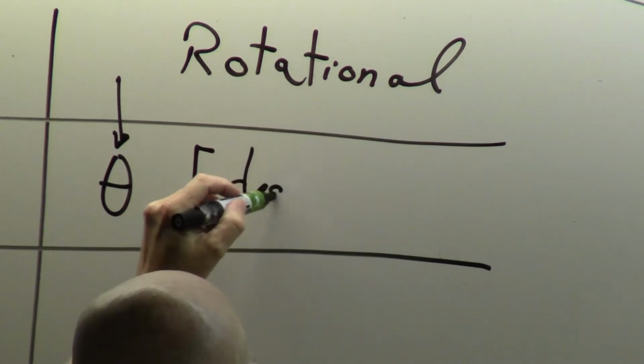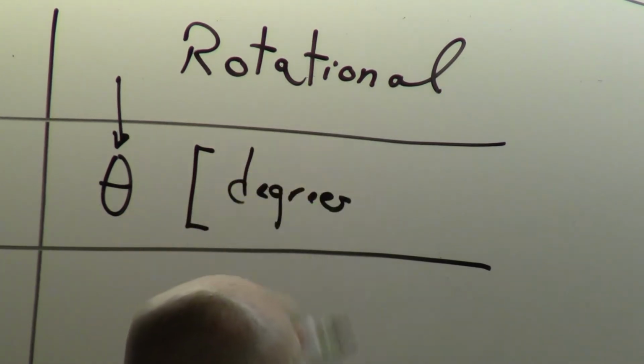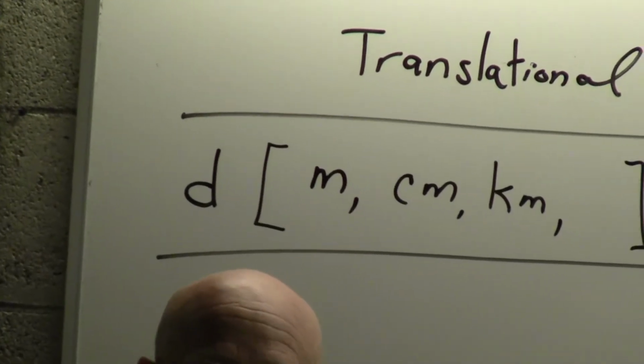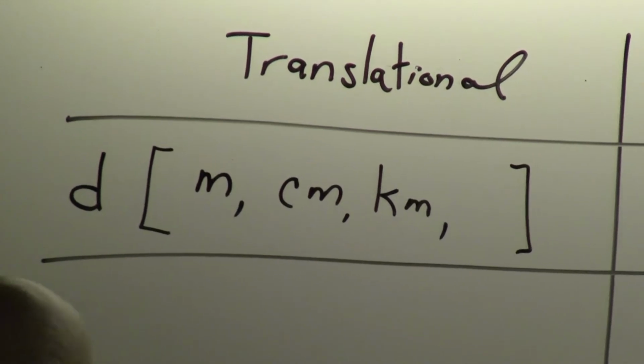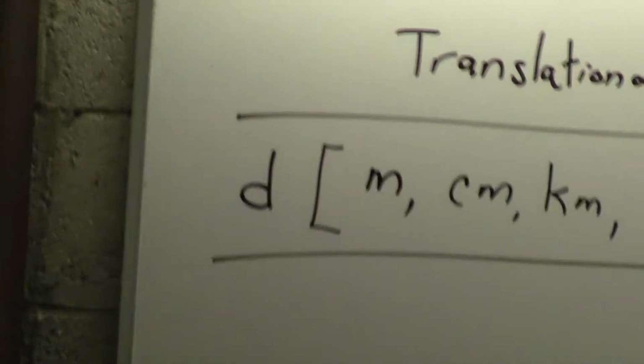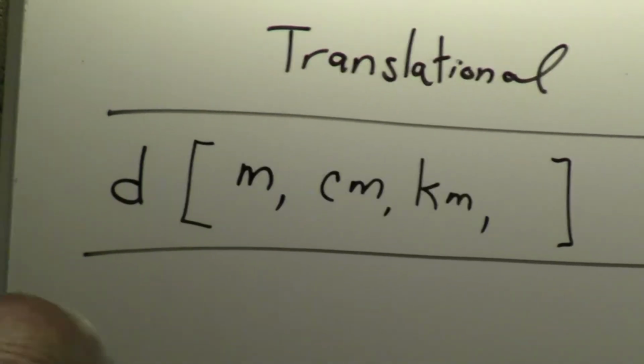Well, I just mentioned degrees. I trust you know that a full circle is 360 degrees. But that being said, just like back here, is that the only units we have to measure an angle? No. Are you familiar with radians?